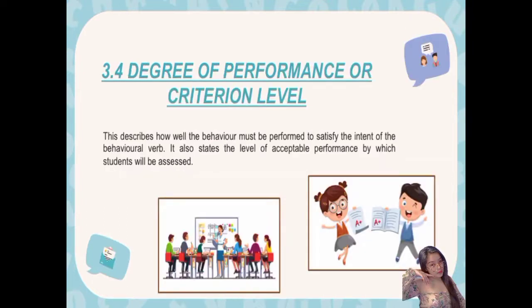Next, degree of performance or criterion level. This describes how well the behavior must be performed to satisfy the intent of the behavioral verb. It also states the level of acceptable performance by which students will be assessed. The final component in the ABCD approach is degree, which refers to the level of performance required for a learner to be considered credible.